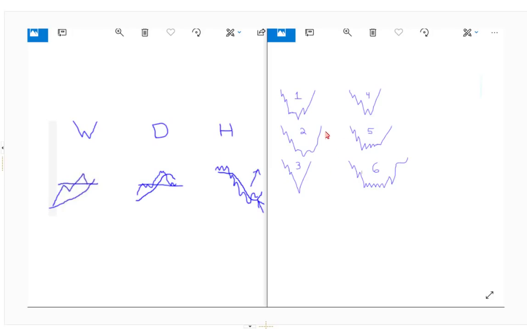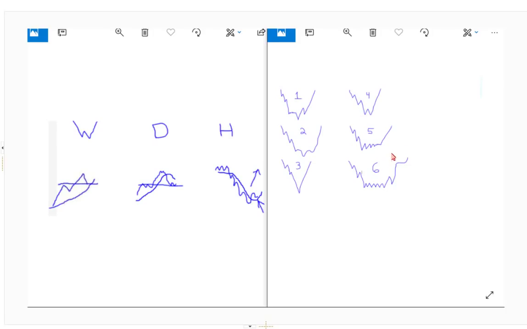So number two here is what we're looking for on the hourly. Number two is the inverted head and shoulder pattern. Number three was the V bottom, which you don't really see that often, and if you do, it can be pretty tough to try to trade V bottoms, as you guys know already. Number four, we see quite often the double bottom.